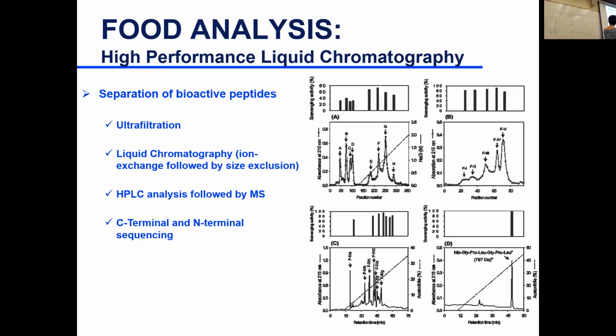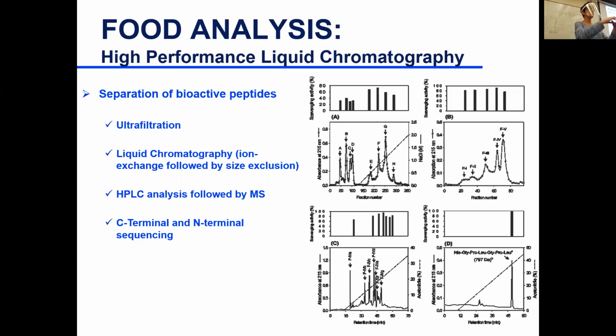So in order to get to that one very active peptide, I hydrolyze my protein. The first step I do, I ultrafilter. That means I remove all of the large peptides. I don't need them because I know my bioactive peptides are really small. They will potentially be less than 1 kilodalton.